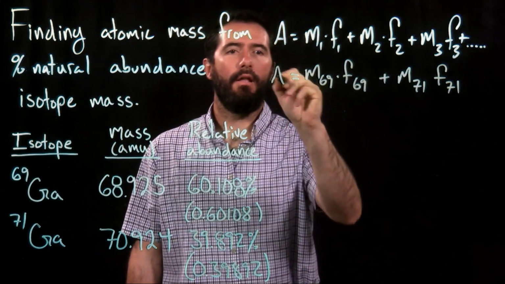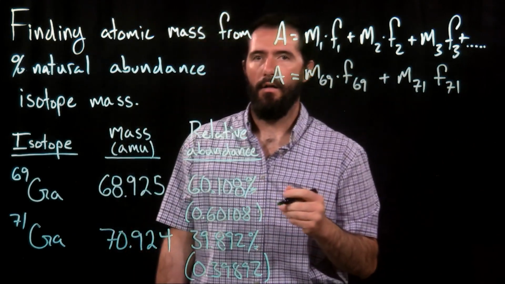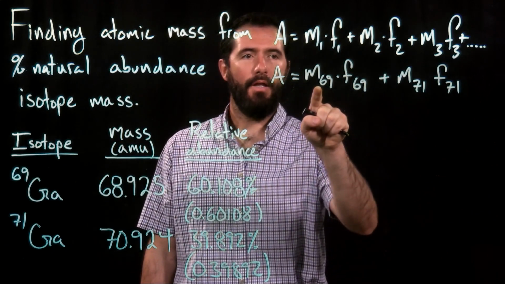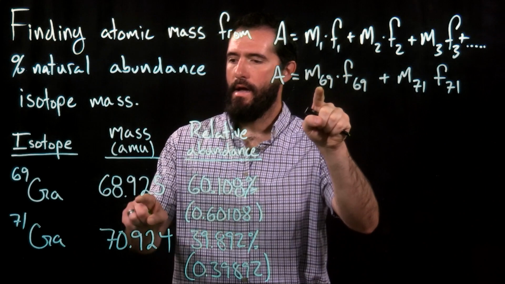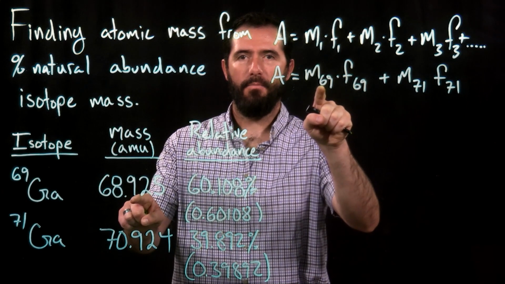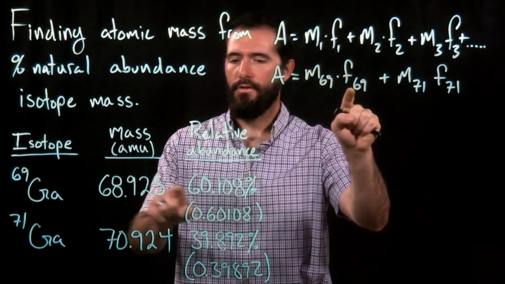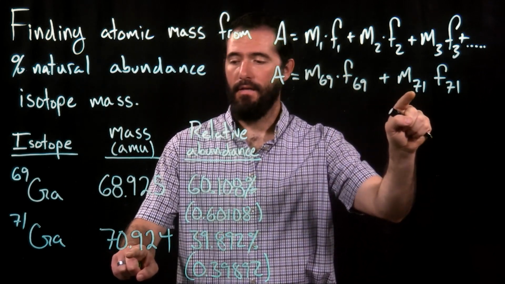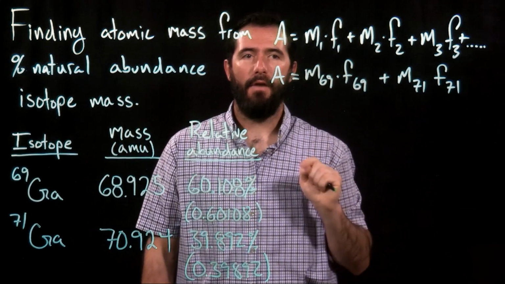So to calculate the average atomic mass in atomic mass units, I'm simply going to plug in the mass for isotope 69 here and its fractional abundance, and then add to that the mass of the 71 isotope and its fractional abundance.